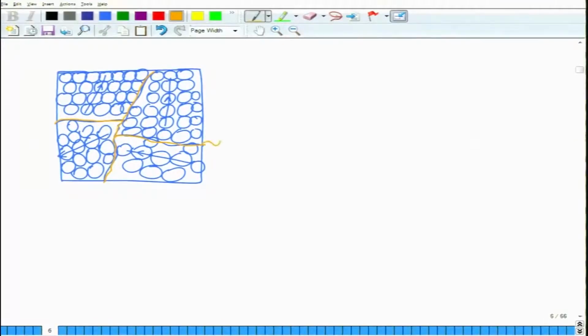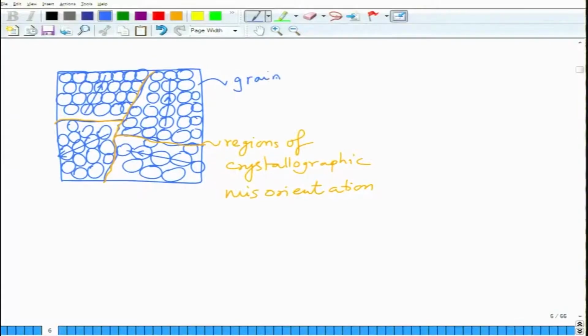So, these are the regions of, you can say, crystallographic misorientation, and this is what. So, the region in which the orientation is all the same is called a grain, and this is called a grain boundary.